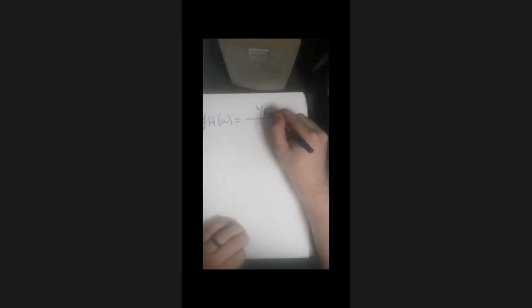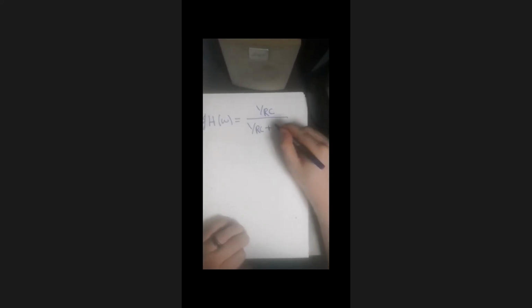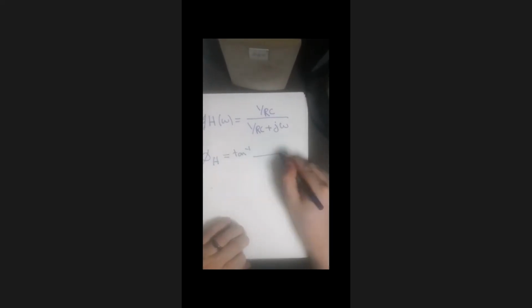So h of omega, I'm sorry, not an absolute, h of omega equals 1 over RC times 1 over RC plus j omega. We now need to calculate the phase for h. The phase is simply tan minus 1, the imaginary part over the real part.